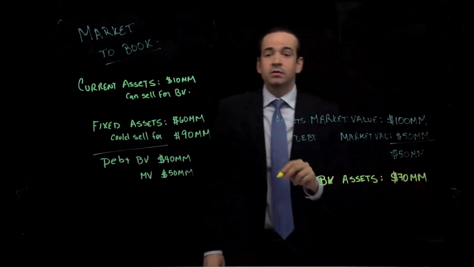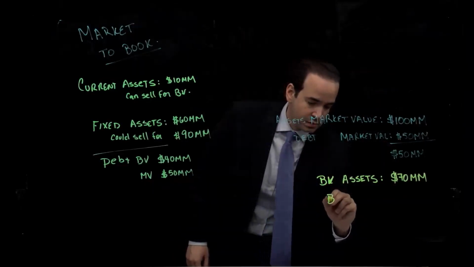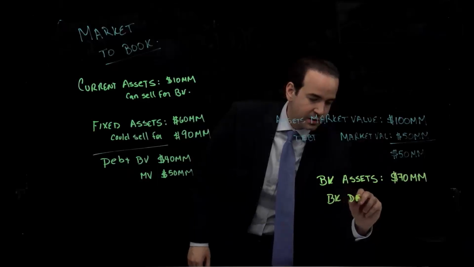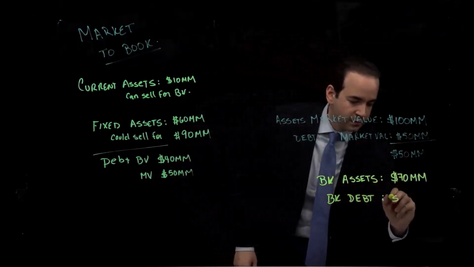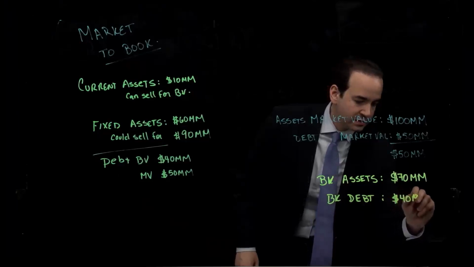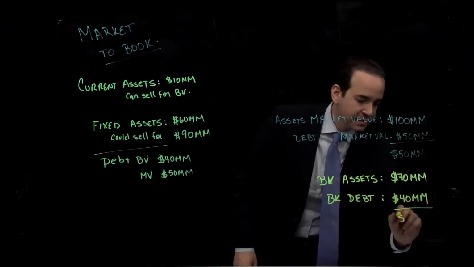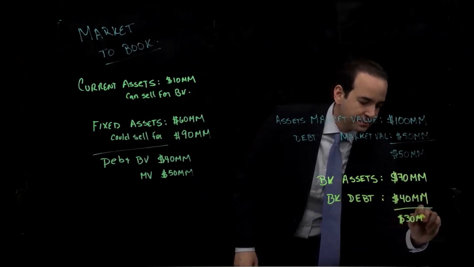And then the book value of debt is actually $40 million. So when we get the difference, we will get that there is 30 million.